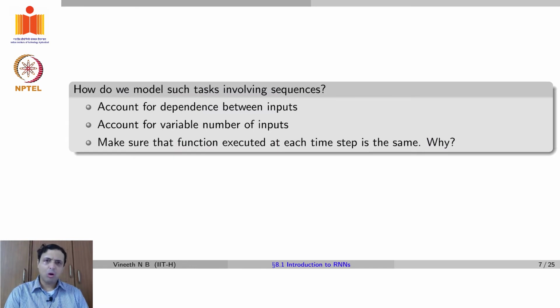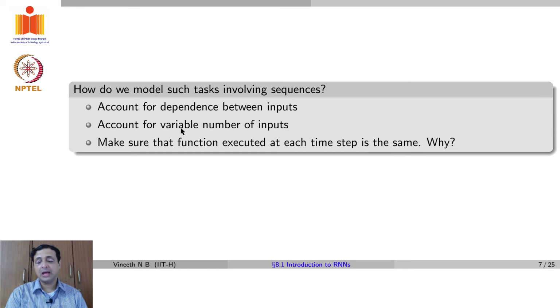So how do we really model such tasks that involve sequences? We saw high-level architectures, but how do you actually learn the models with these architectures? How do we account for dependence between inputs, which is common in time series data? How do you account for a variable number of inputs?